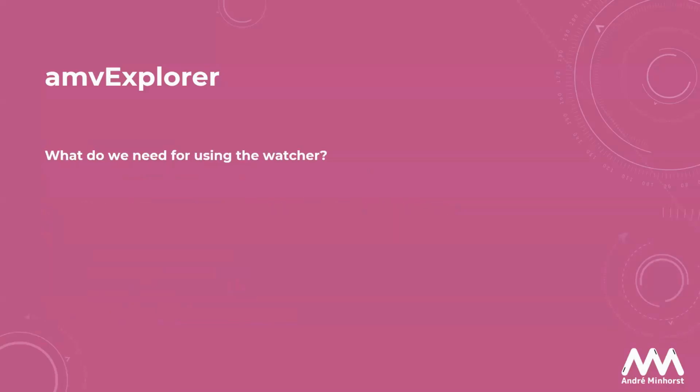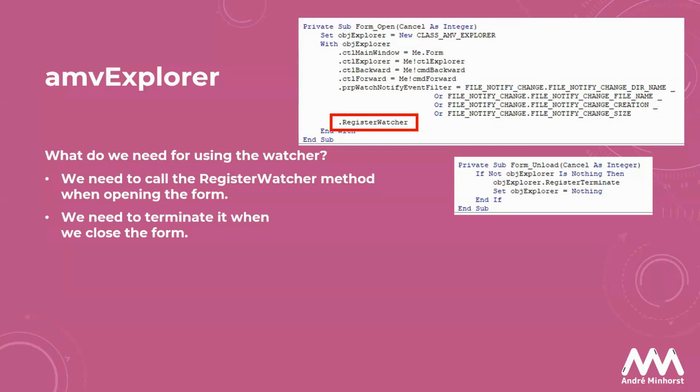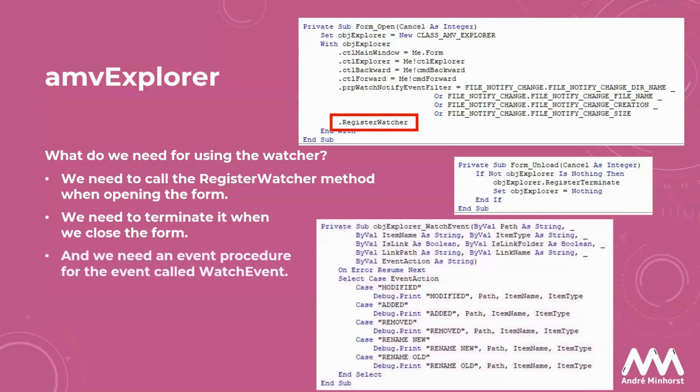So what do we need to use the watcher? We need to call the RegisterWatcher method when opening the form, and we need to terminate it when we close the form. Moreover, we need an event procedure for the event called WatchEvent. It comes with some parameters we can use to control what happens.